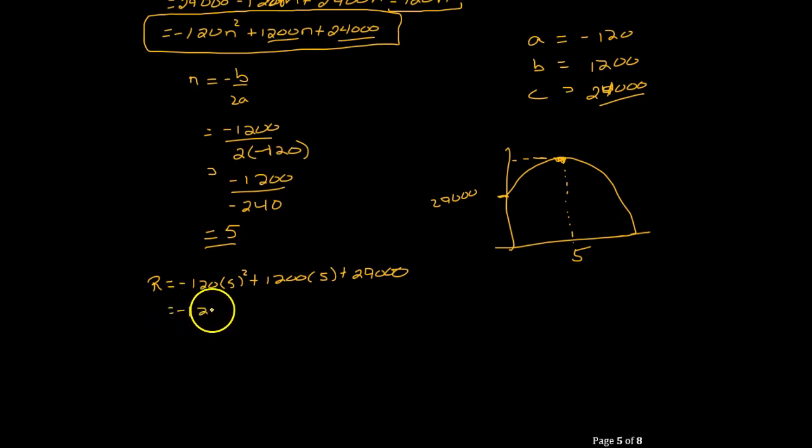So negative 120 times 25, and then 1200 times 5 is 6,000. Plus 24,000.